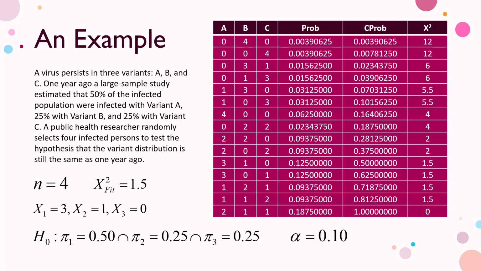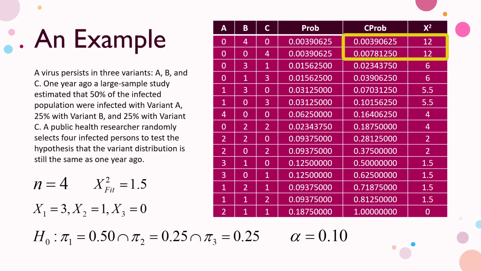Now that we have calculated the multinomial distribution as well as the goodness of fit values, and sorted the distribution based on those values, it's time to form our rejection region. We begin forming that rejection region by looking for the worst fit, the lack of fit, and that would be with a goodness of fit statistic of 12.